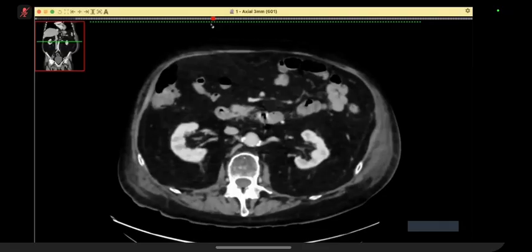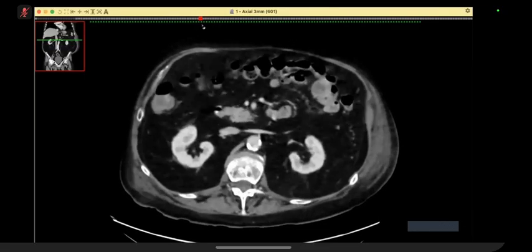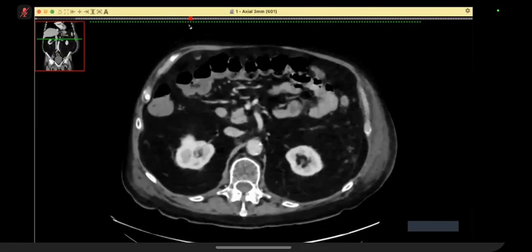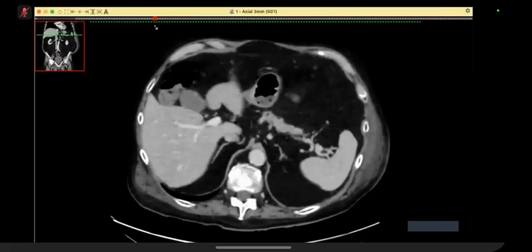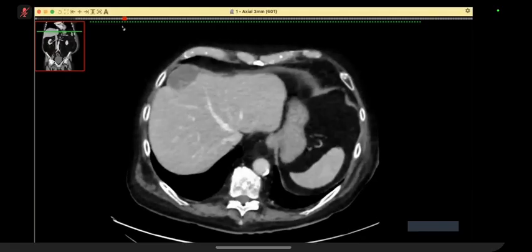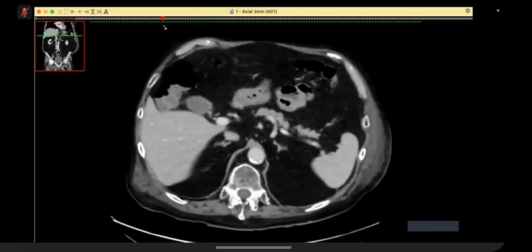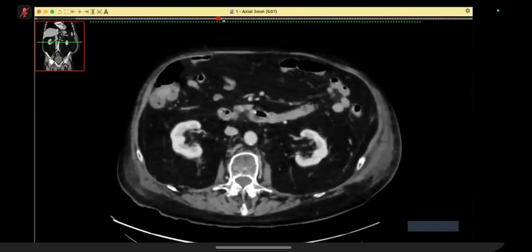Rest of the bowel loops are collapsed. Trying to see if there is any other abnormality within the bowel loops or any other collections. I'm not able to see any. I'll just scroll through the set once again, focusing on the pelvis.